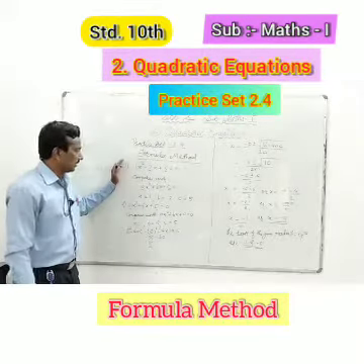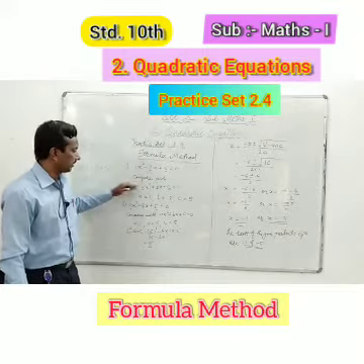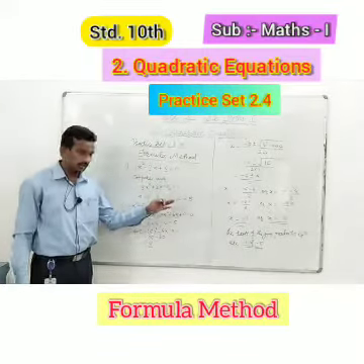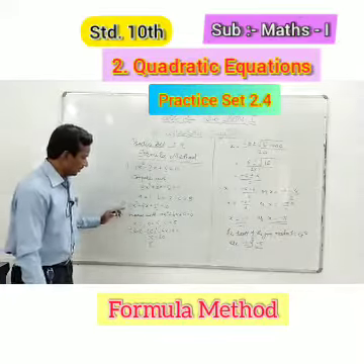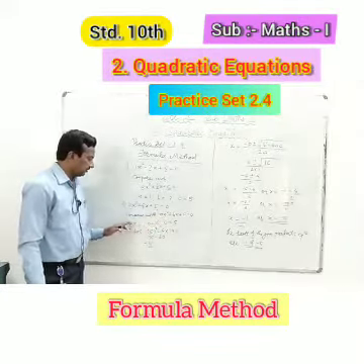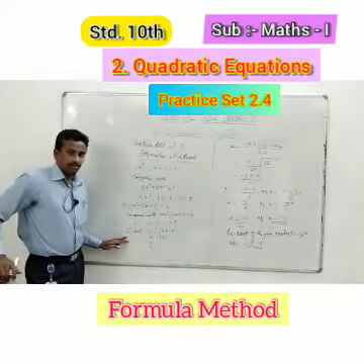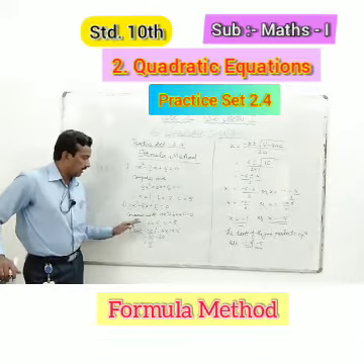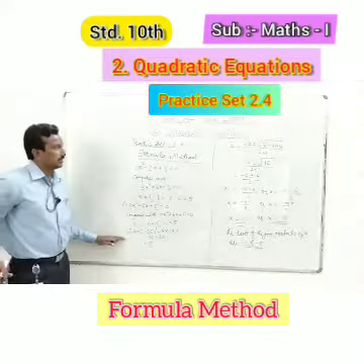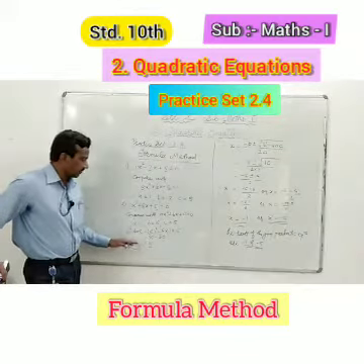In the first question, compare with the standard form of quadratic equation and find the values of a, b and c. In the second question, again compare with the standard form, find the values of a, b and c. Then put the values of a, b and c and find the roots of the quadratic equation by using formula method.